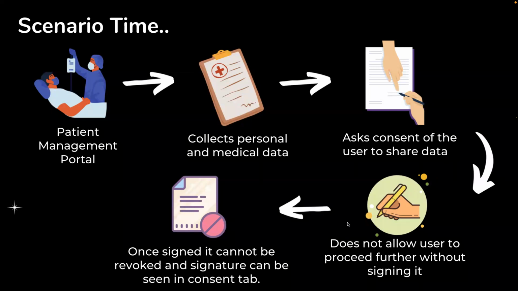It restricted me from moving further without signing the consent form. Once the consent form was signed, it just listed the message, the consent form is signed. If you visit the URL of the consent form, you'll not be able to edit it or save it again, and you'll see the signature which you provided there. So this was the normal flow of the application.